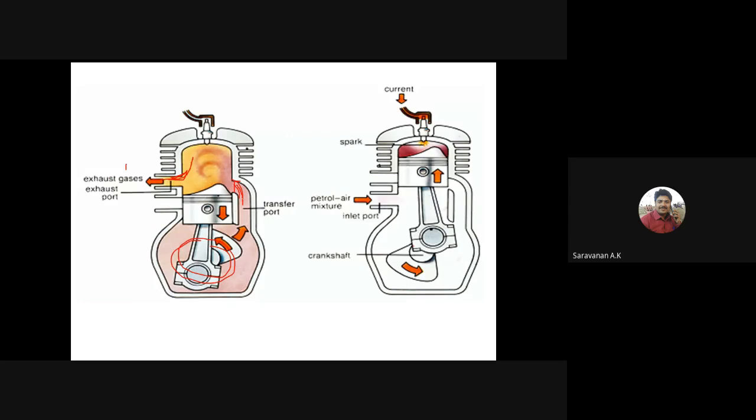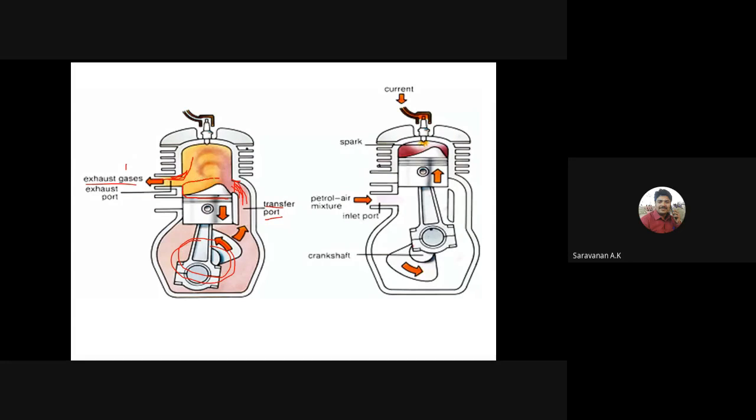At the same time, the fresh charge comes through the transfer port into the cylinder. It pushes the exhaust gases, and the whole exhaust gas comes out to the exhaust system, right?